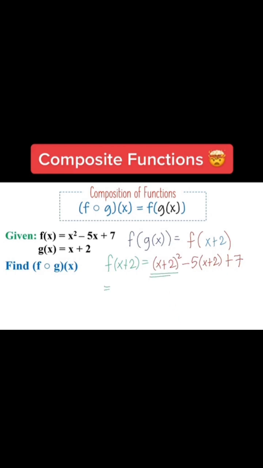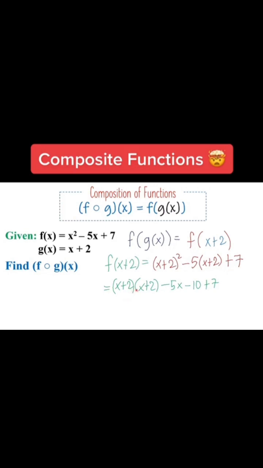So this x plus 2 squared is the same with x plus 2 times x plus 2. Then pwede na nating i-distribute tong 5. 5 times x, that's 5x. Then 5 times 2, that's 10. Then copy lang natin yung constant sa dulo, plus 7.